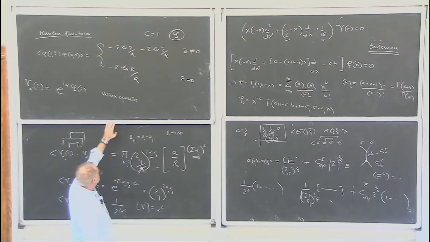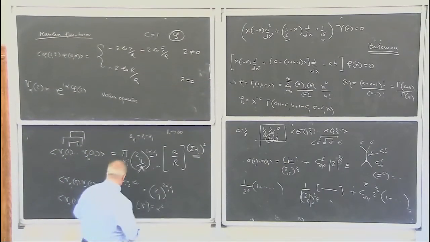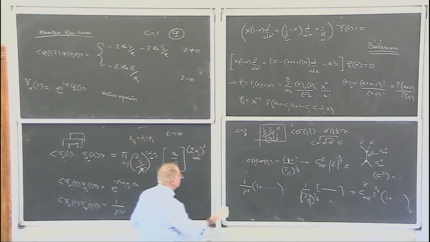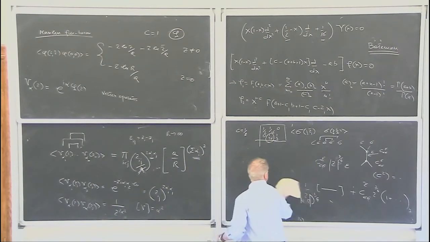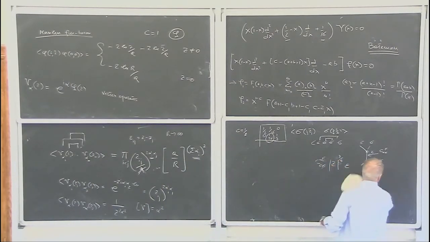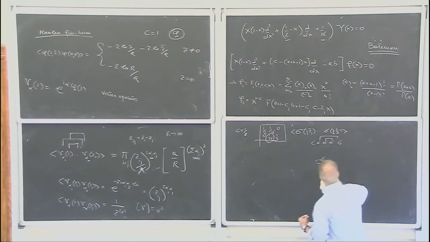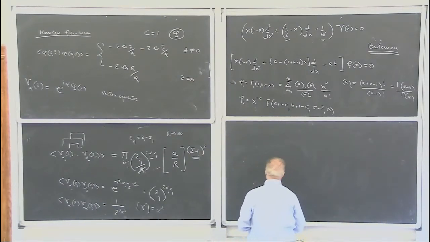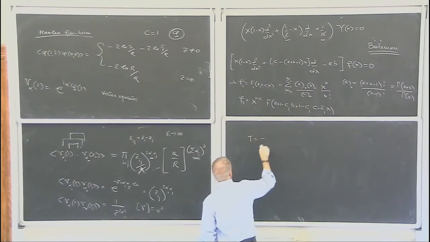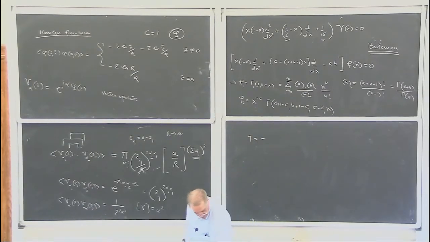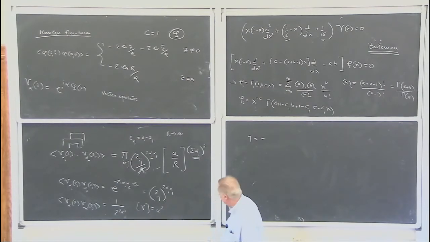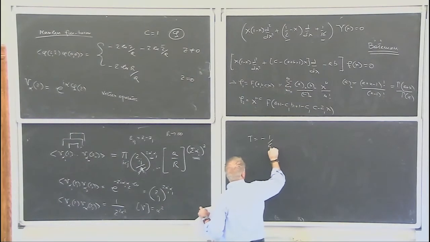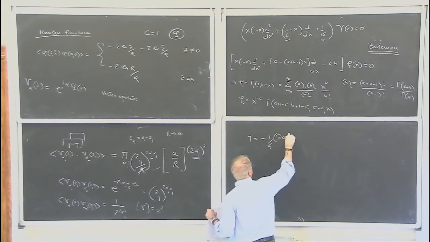What is the stress energy tensor of this theory? Very simple. The stress energy tensor we computed the other time. The stress energy tensor is T equals minus one-fourth ∂φ squared.